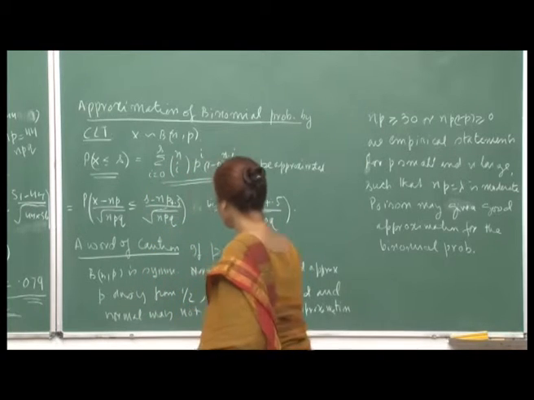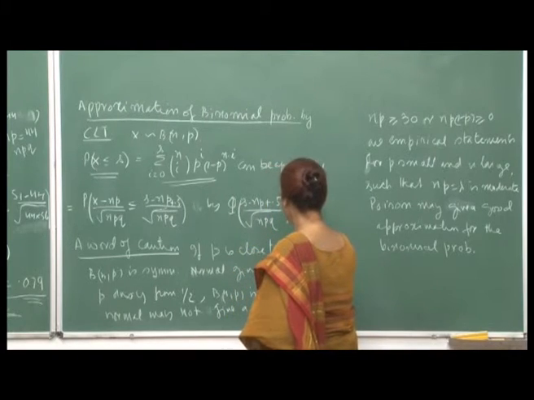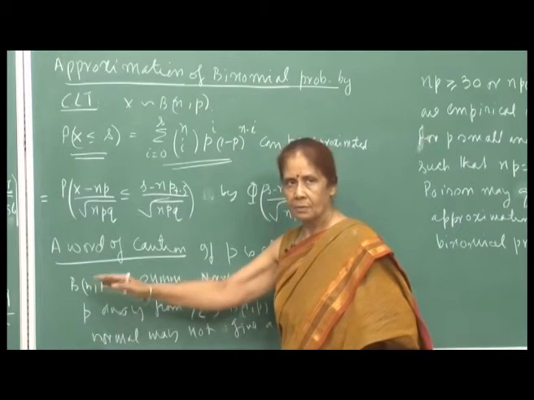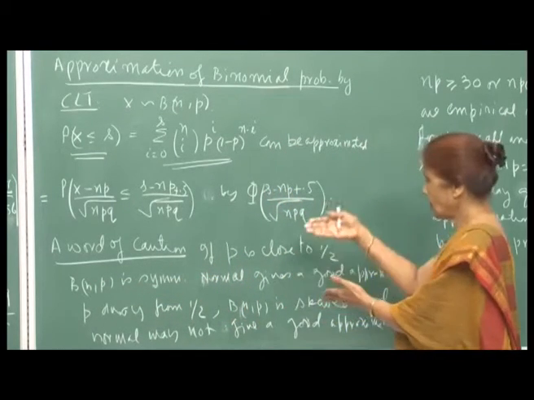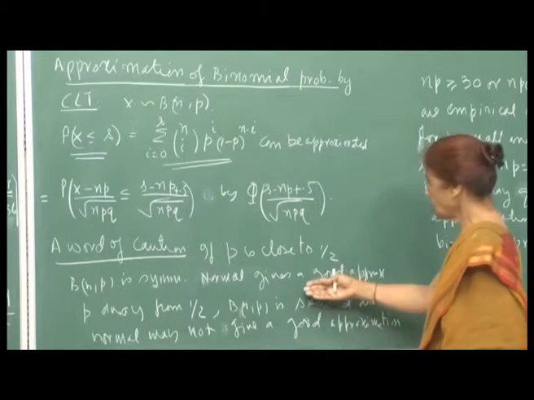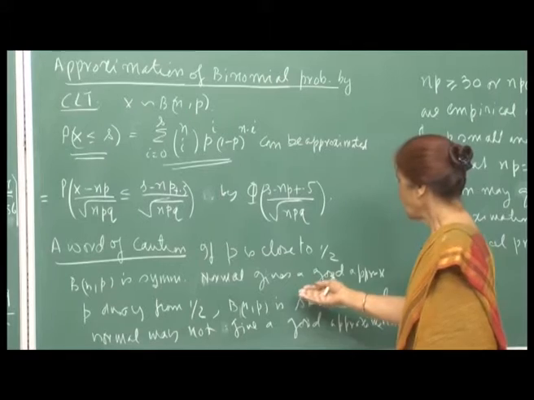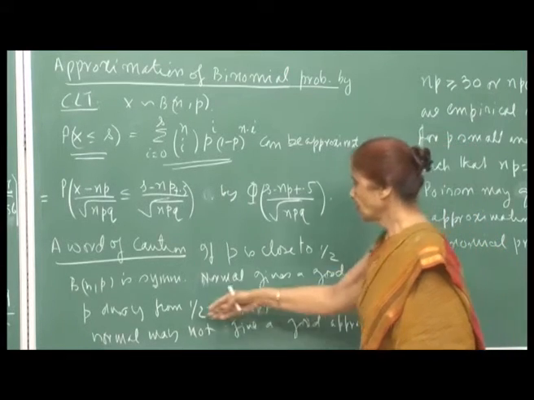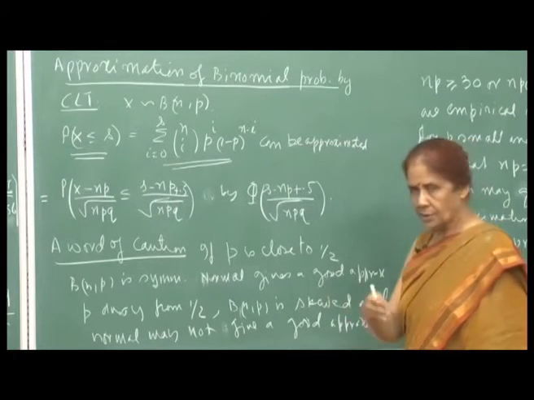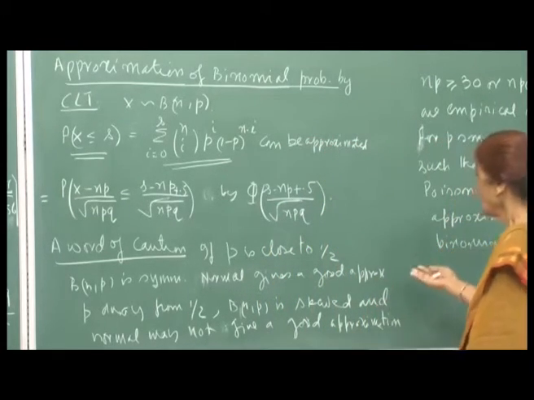When p is close to half, the binomial distribution is symmetric, in the sense that the values keep on increasing and decreasing in a symmetric manner. Because the normal is also symmetric about its mean, it will give a good approximation as long as p is close to half, because you are approximating a discrete symmetric distribution by a continuous symmetric distribution.